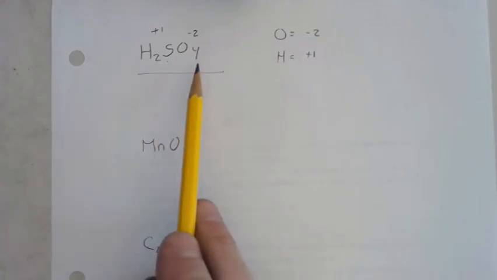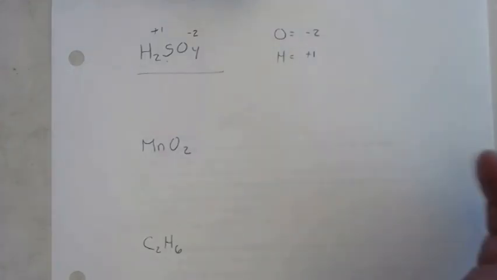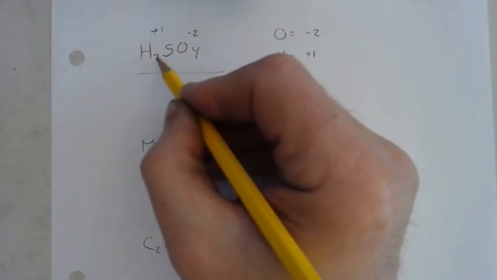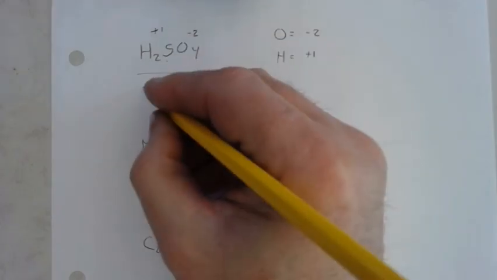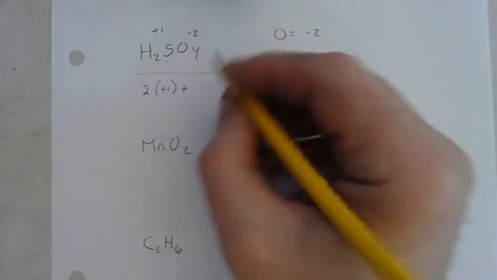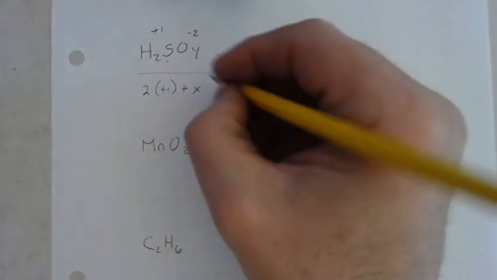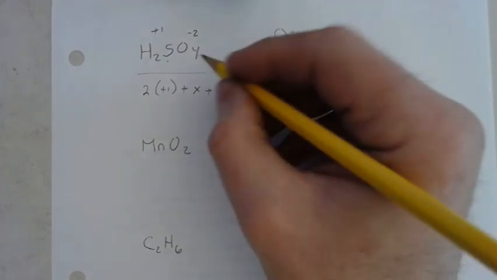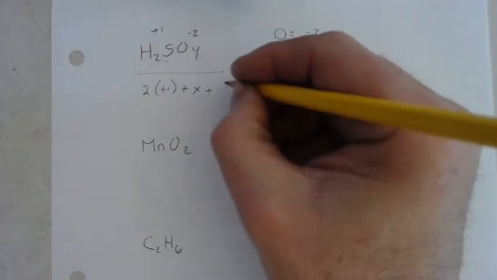Compounds have an overall charge of 0. So we can do this many different ways. You can even do it in your head, but basically what we're saying is we have 2 positive ones plus whatever sulfur is, we'll say that's an X, and then we have 4 negative 2's.